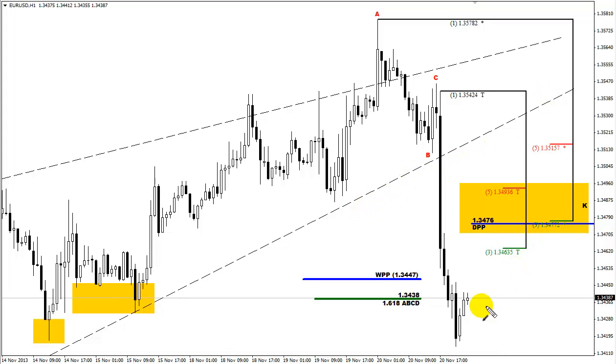So if the market, by doing the retracement, will break above this yellow rectangle area, the K area, and especially if the market will break above this upward trend line, this will be a warning sign that the market is making bull power and will proceed higher.